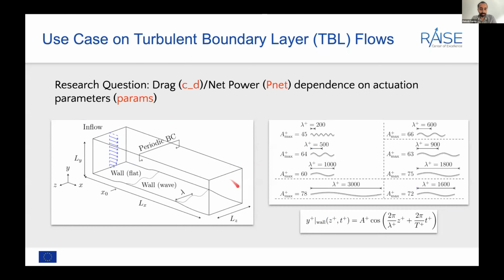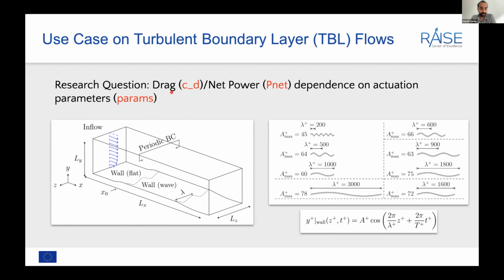So to introduce the use case itself, I won't go into the details, but basically what we have on the left here is the computational domain. We have a flat plate over which there is an airflow. On the left here is the inflow, and then we want to look at the development of the turbulent boundary layer here.